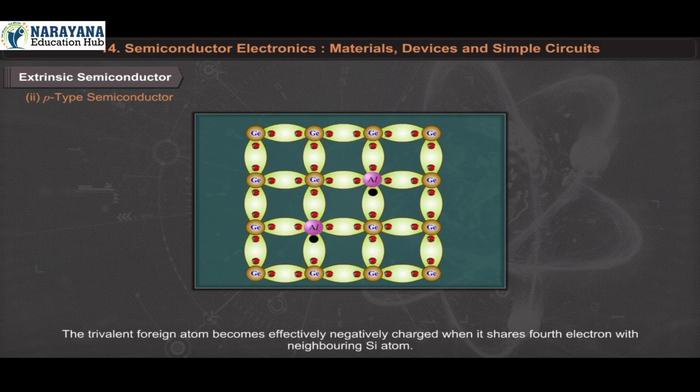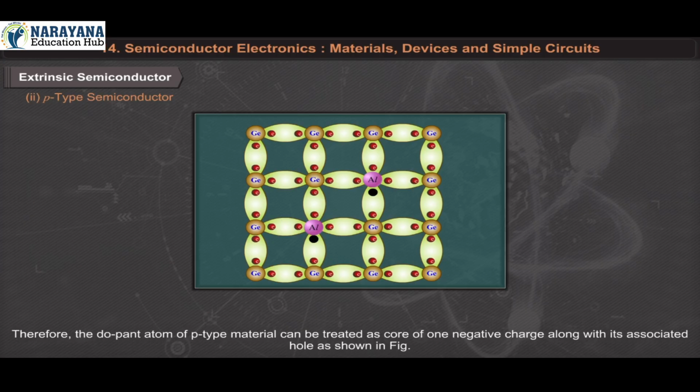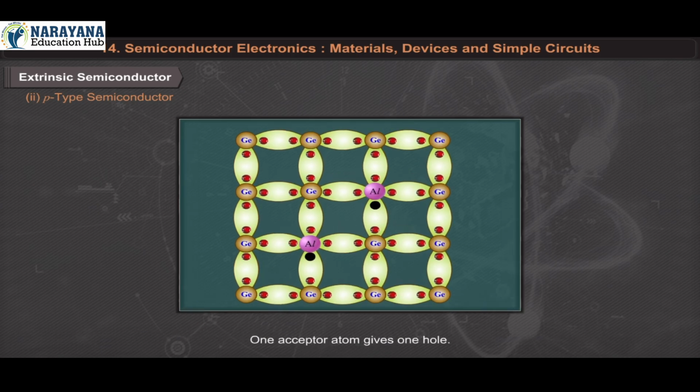The trivalent foreign atom becomes effectively negatively charged when it shares the 4th electron with the neighboring silicon atom. Therefore, the dopant atom of p-type material can be treated as a core of one negative charge along with its associated hole, as shown in the figure. One acceptor atom gives one hole.